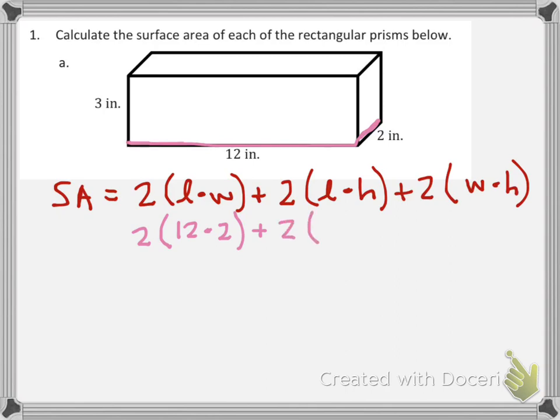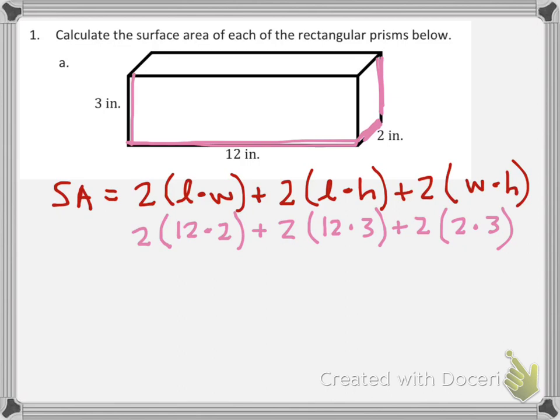Well, the length is 12 and the height is 3. So this is 12 times 3. And that will be the front and the back. And then 2 times the width, which was 2, and the height, which is 3. So that's the right side and the left side. So that's 2 times 3.